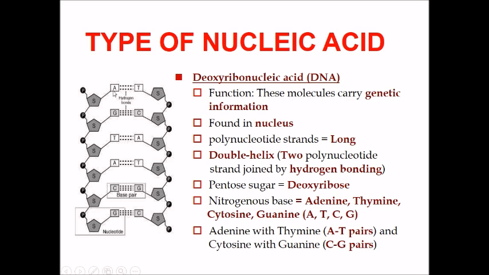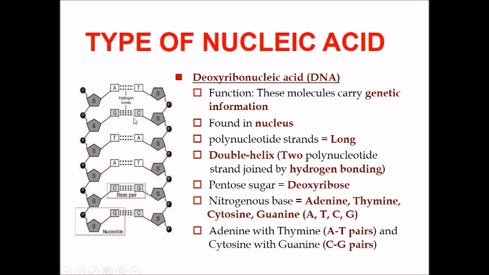As you can see here, adenine forms two hydrogen bonds with thymine. Purine always pairs with pyrimidine, and guanine forms three hydrogen bonds with cytosine.